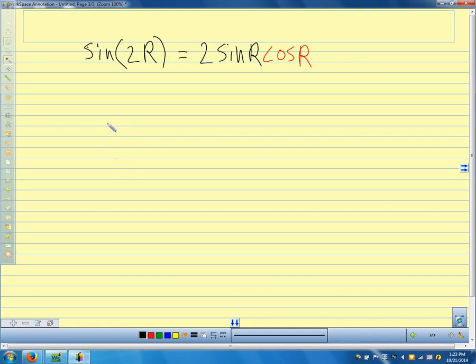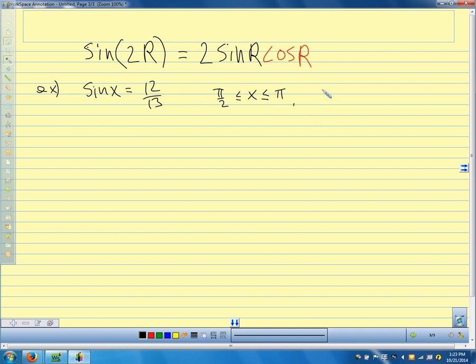All right. Next example. Hopefully this one will be familiar now. We know that sine of x equals 12/13 and pi over 2 is less than or equal to x less than or equal to pi.